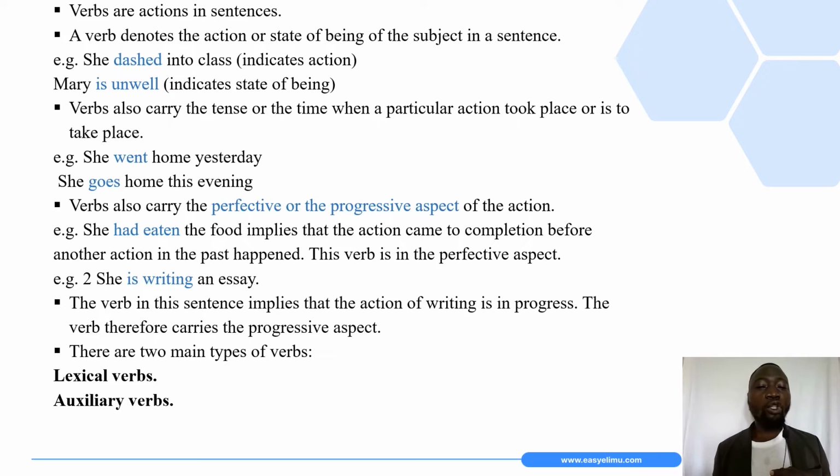So verbs also carry the tense or the time when a particular action took place or is to take place. So talking about tenses, we have, remember, present, past, past participle, simple present, simple past, etc. There are so many. So example in sentences, we have the first example, she went home yesterday.